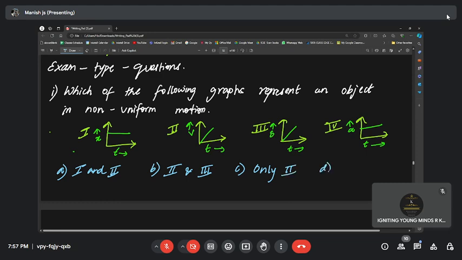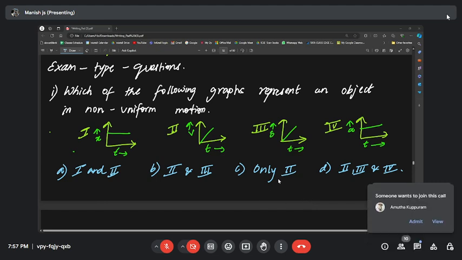And option D, 2, 3 and 4. So what is the answer for this question? You have 4 options. Now based on the graphs that were dealt with in the last class, you will have to answer. Which of them would represent non-uniform motion?